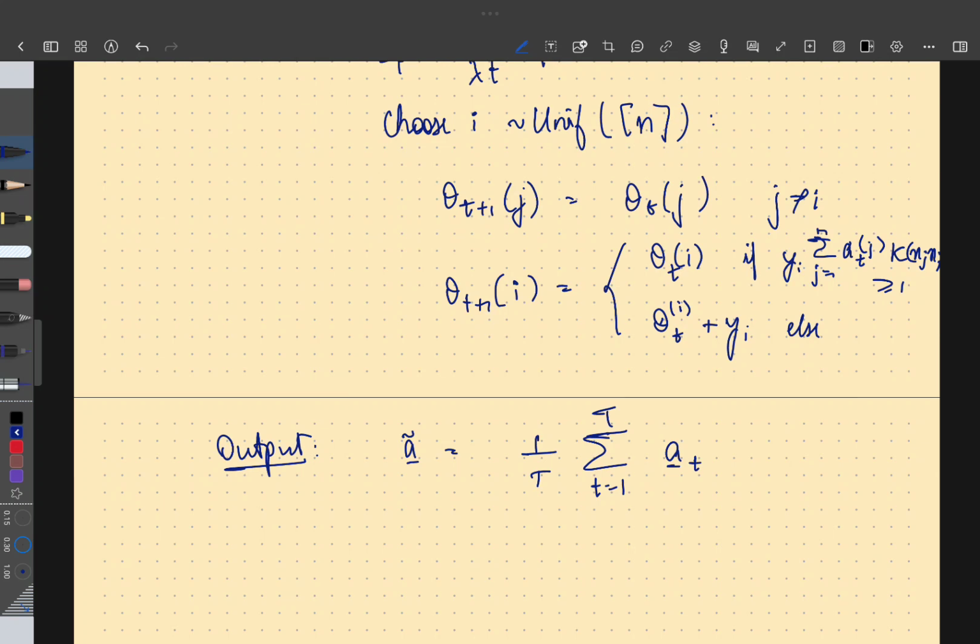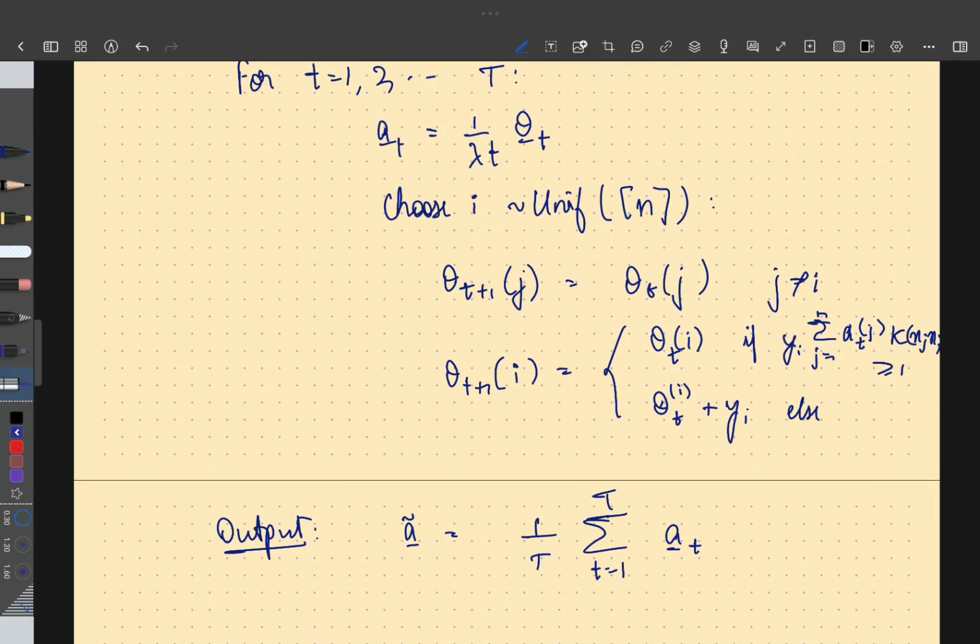This essentially mimics everything that we did in soft SVM, except that instead of using the inner product, we are using k of xi xj. That's it. And at the end, instead of outputting the exact coefficients, the output is not a d-dimensional vector, but instead it's an n-dimensional vector.